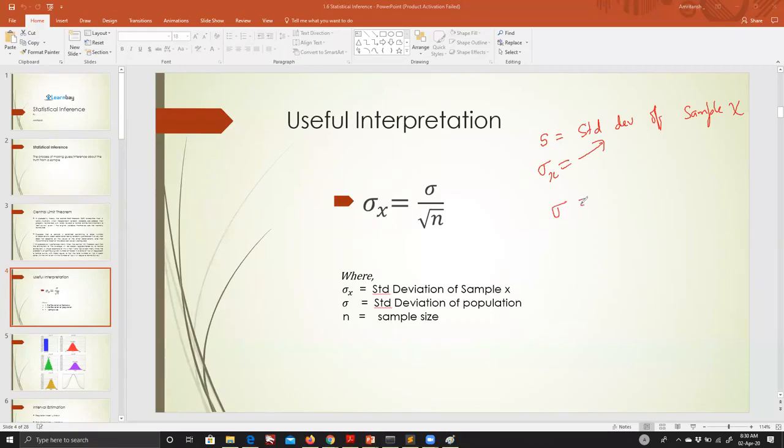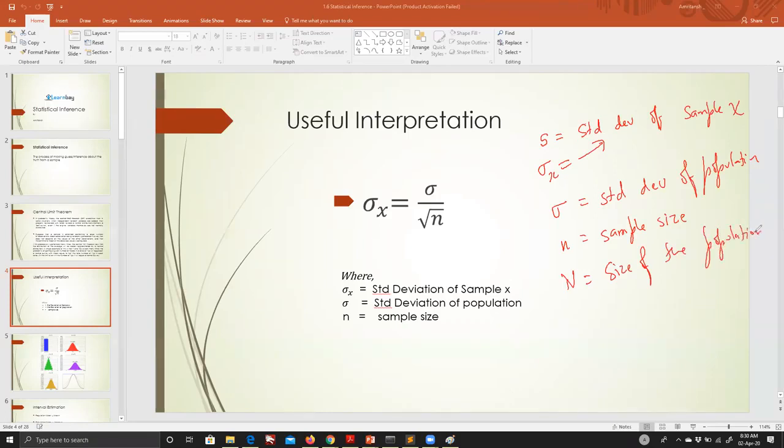But whenever this is used, it is mostly looking at the standard dev of population. Small n is usually the sample size, and capital N is the size of the population. So I want you to note down this formula because this will be incredibly useful after a while.